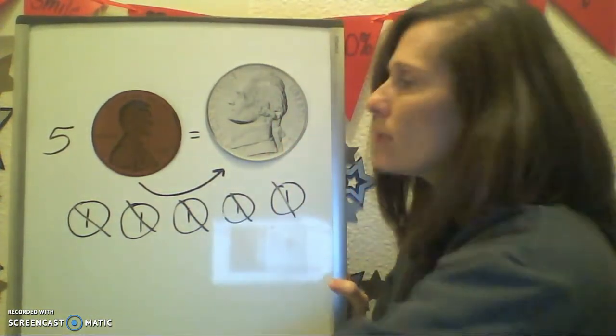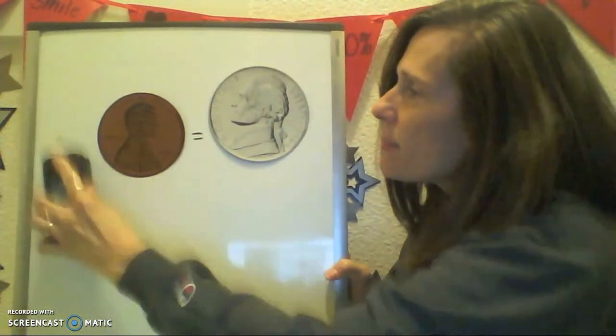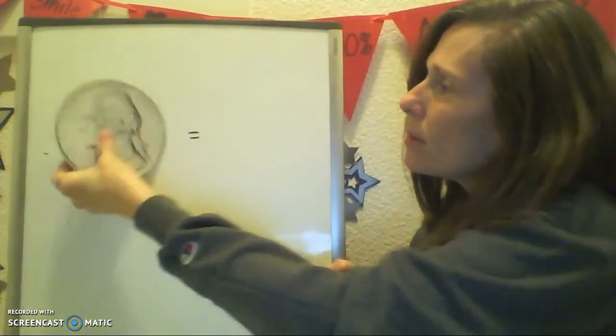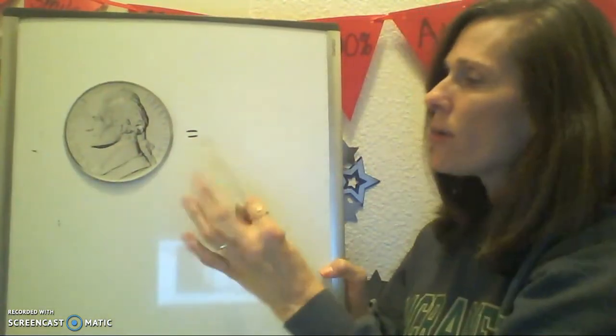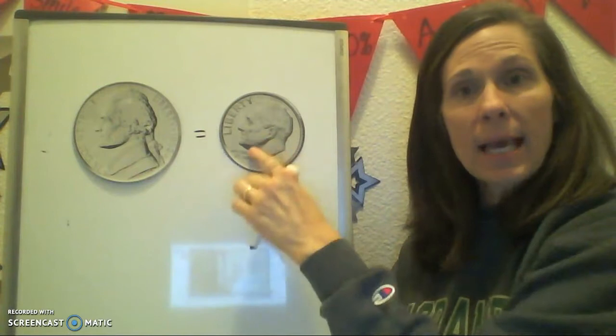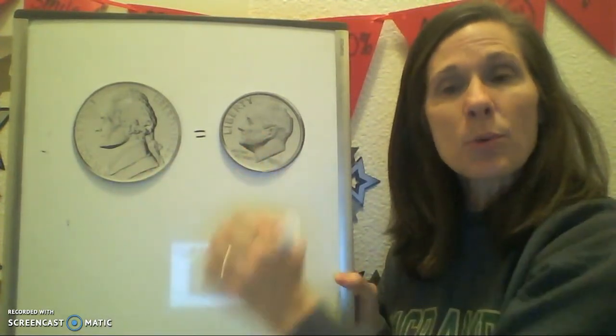Let's go ahead and do another one, and let's make it a little harder. Let's move our nickel over here, and let's move our dime over here. Now I'm asking, how many nickels does it take to get to a dime? I know a nickel is worth 5 cents, and a dime is worth 10 cents.